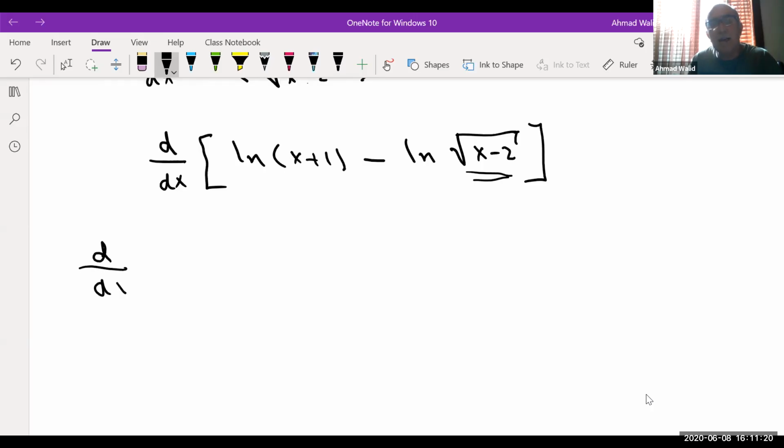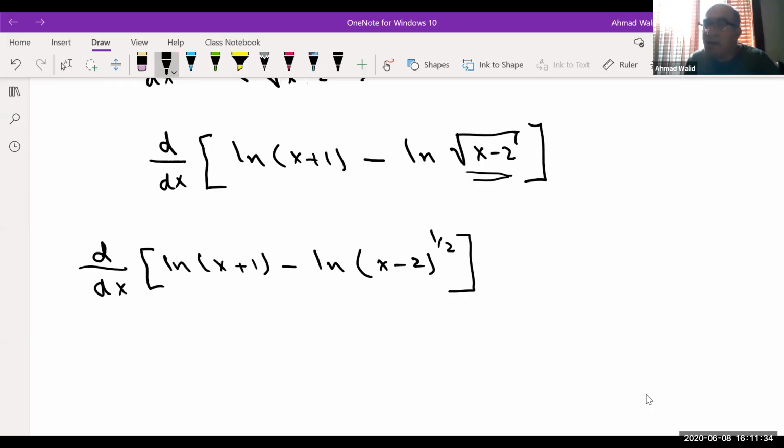D over dx of ln of x plus 1 minus ln of x minus 2 to the power of 1/2. Now it's really easy. It's ln u. You are applying the same formula in two parts of this problem.